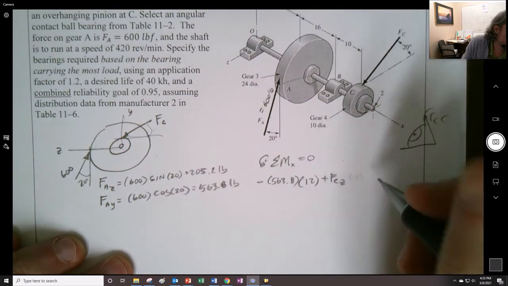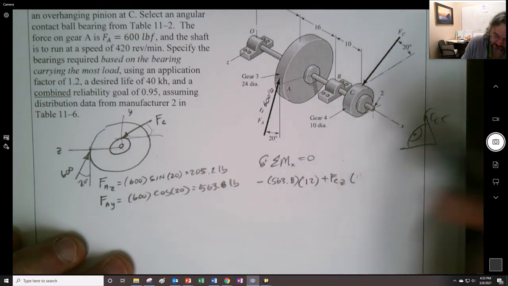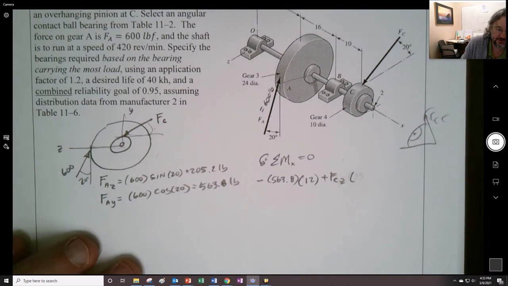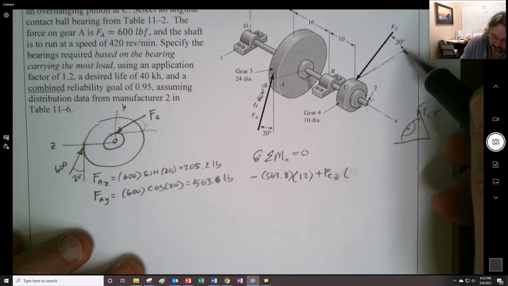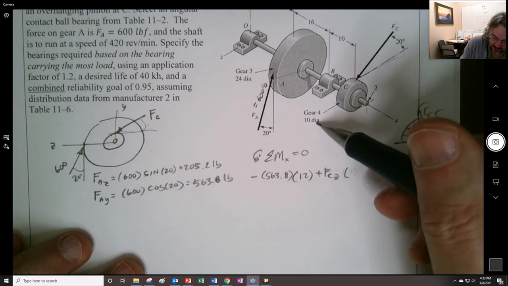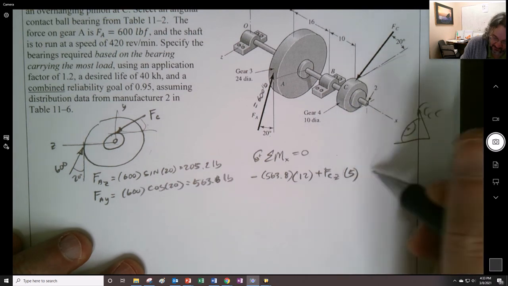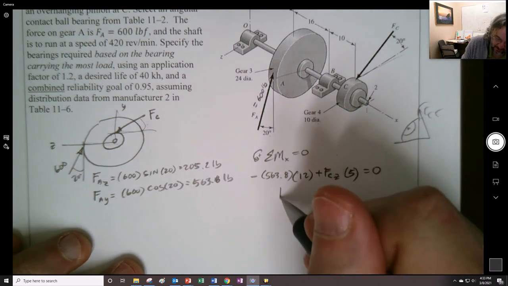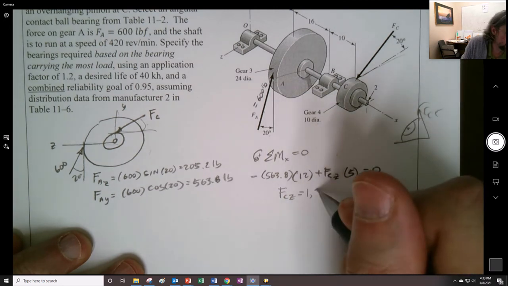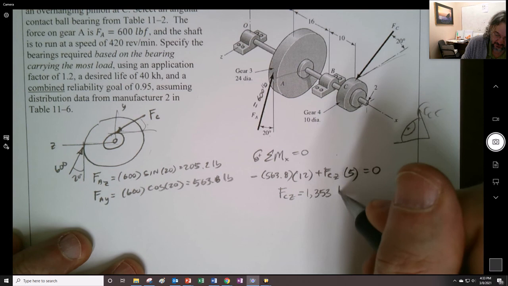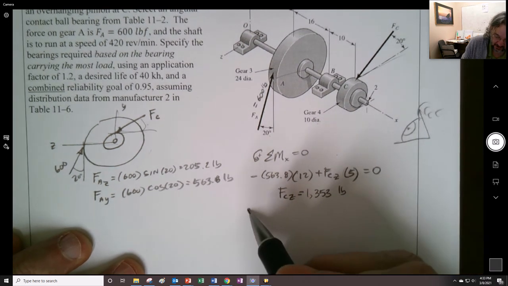So I'm not going to get bothered. It's just easier for me to stick with the x, the z, and the y instead of getting the magnitude here. So we'll just get that component, and this is apparently 5 radius right there. So we get the FCZ is equal to 1,353 pounds.